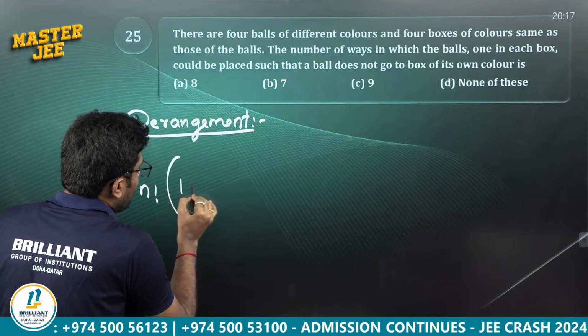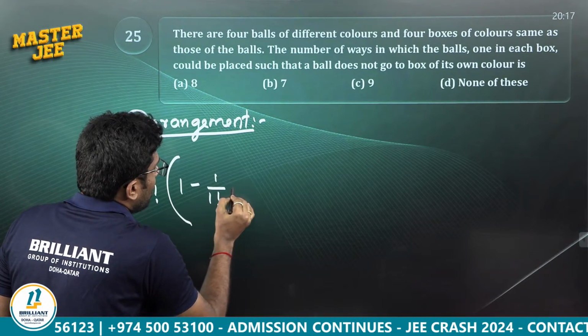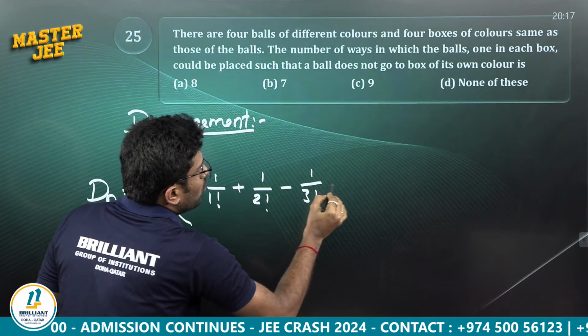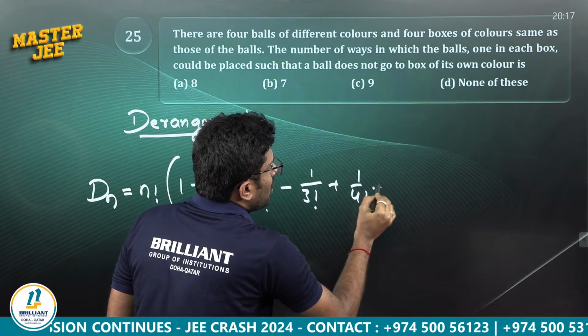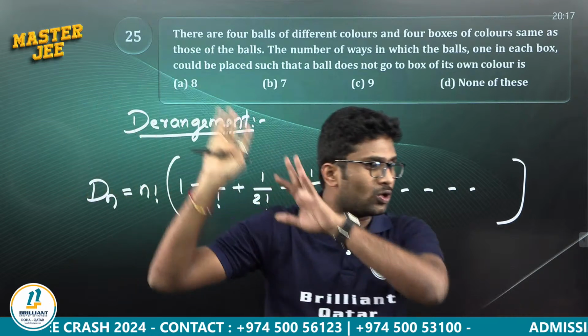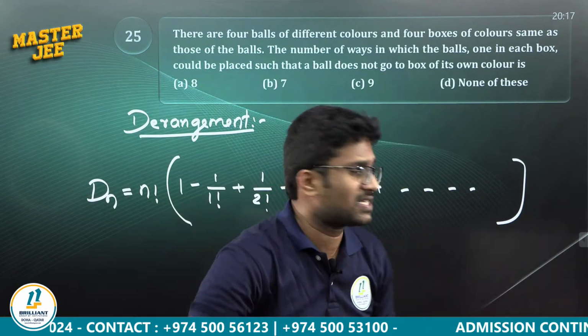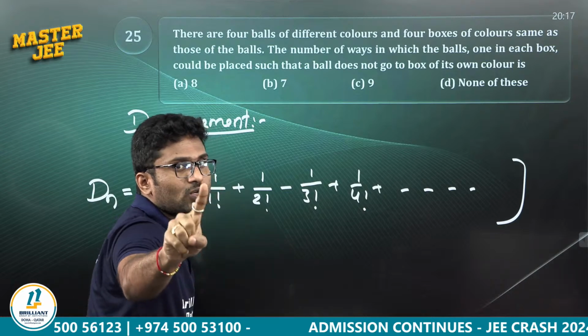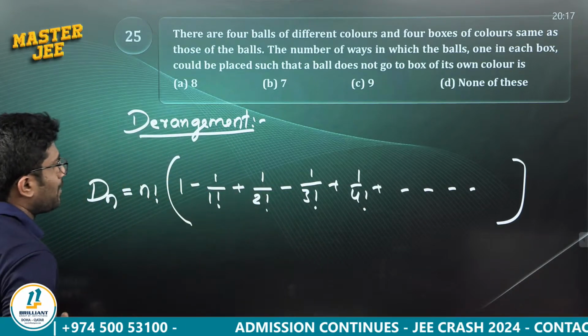Dn equals n factorial times (1 minus 1 by 1 factorial plus 1 by 2 factorial minus 1 by 3 factorial plus 1 by 4 factorial and so on, till 1 by n factorial) with alternate signs. Make sure even terms get a positive sign.